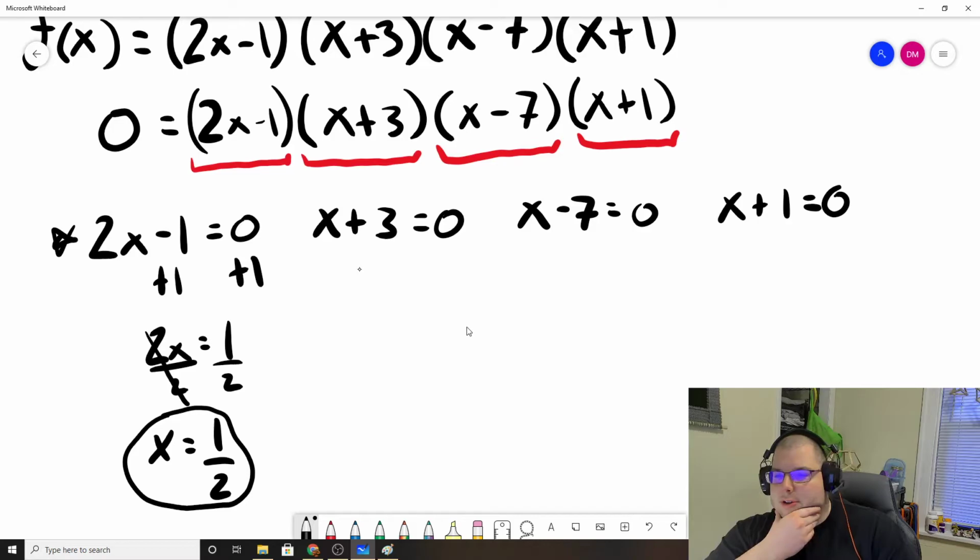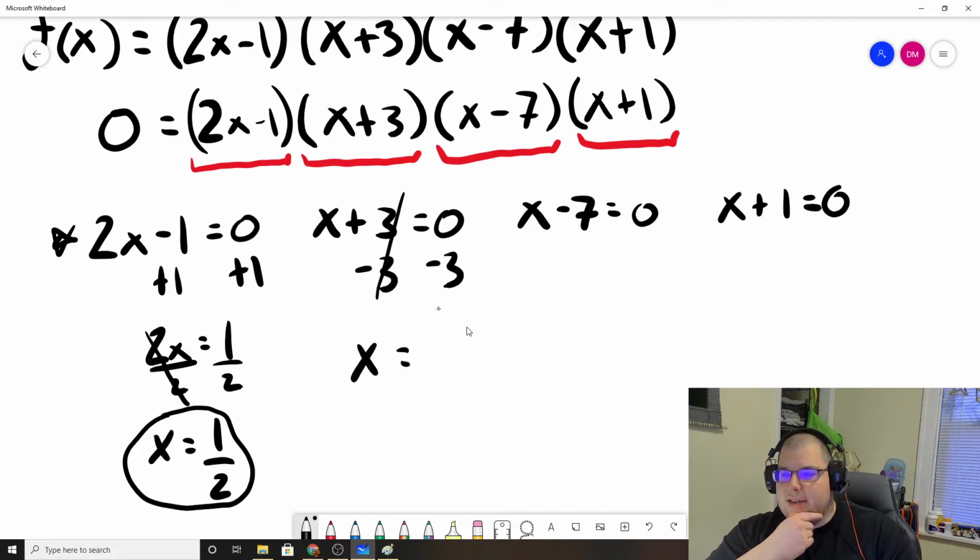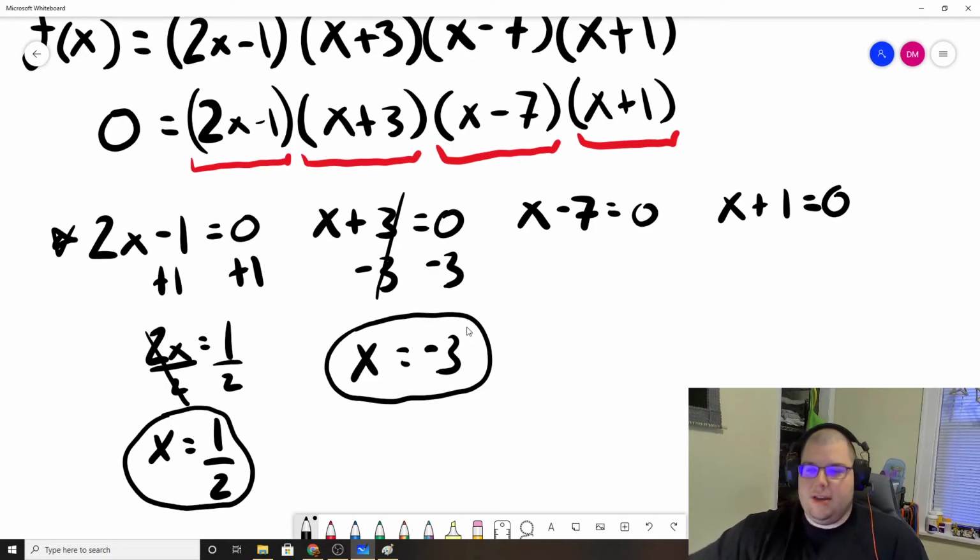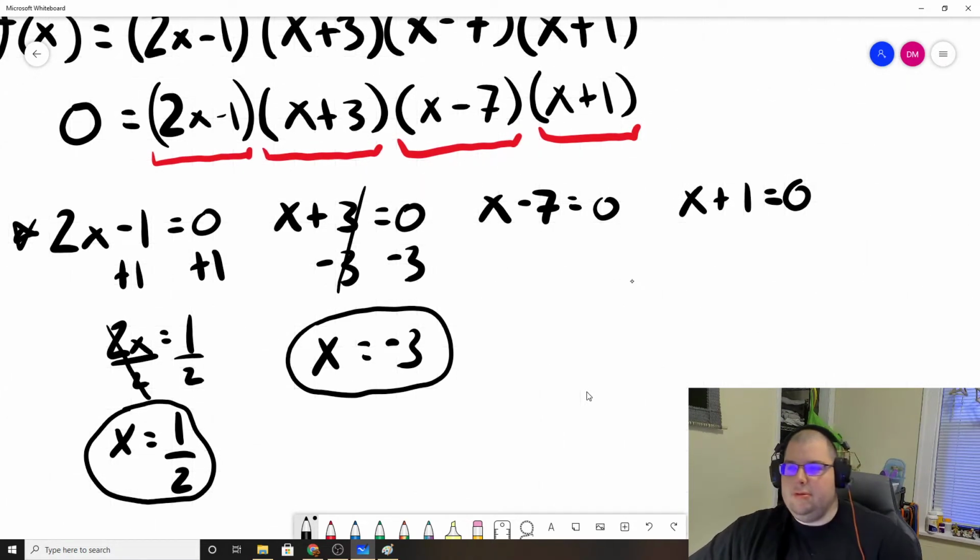Here, I need to do the opposite of +3 to get x alone, and so I subtract 3 from both sides. These, of course, cancel, leaving me with just the x, and 0 minus 3 is a -3. And so x is equal to -3 is my second zero.